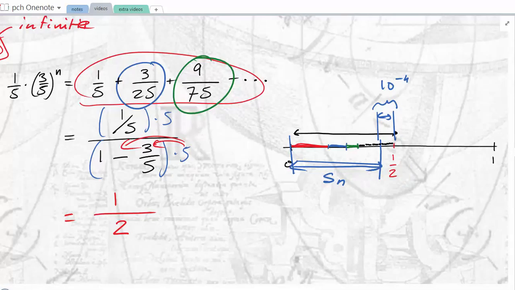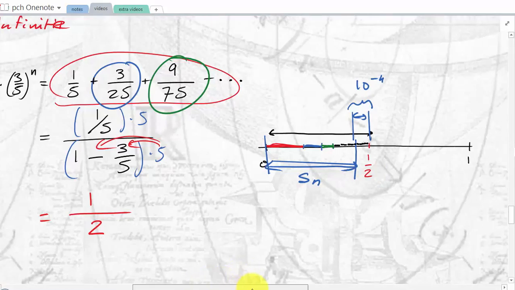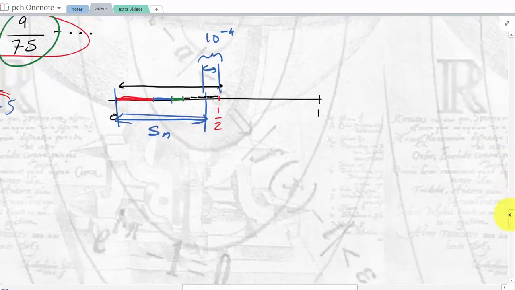So basically, the question, translated into English and math, is you want the distance between 1/2 and Sn. 1/2 is above Sn, right? All the Sns are smaller, and the terms that you're adding are all positive, so it's below 1/2. You want this distance to be smaller than 10 to the negative 4, so you need to solve this inequality for n.